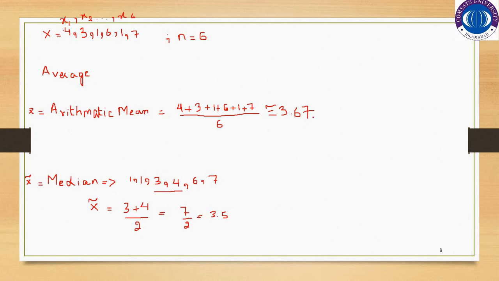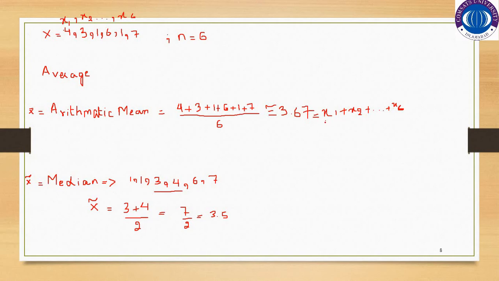So if you write it in this way, this will be x1 plus x2 plus up to so on plus x6, as we have a total of 6 observations.